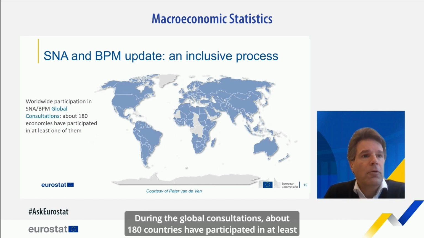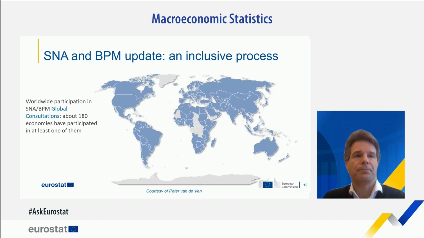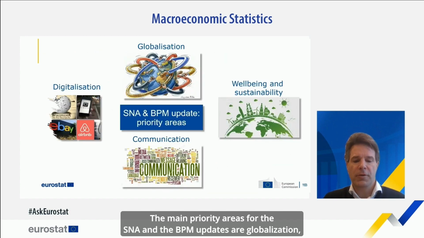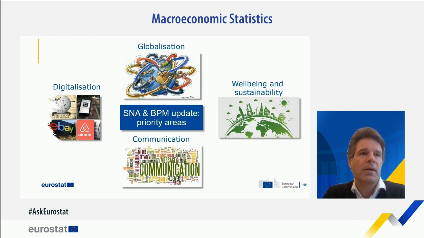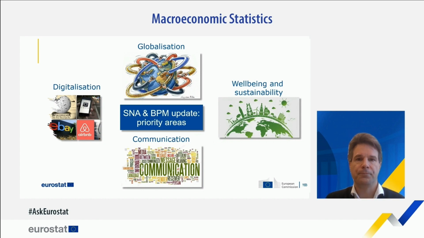During the global consultations, about 180 countries have participated in at least one of these global consultations. The main priority areas for the SNA and the BPM updates are globalization, digitalization, communication, and well-being and sustainability.